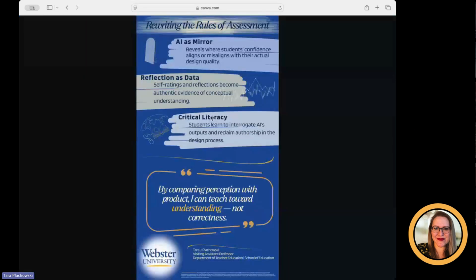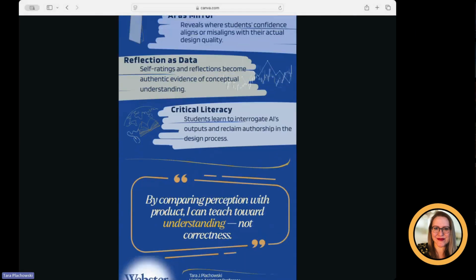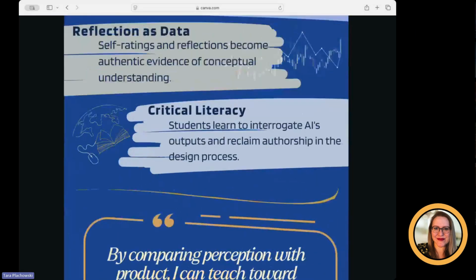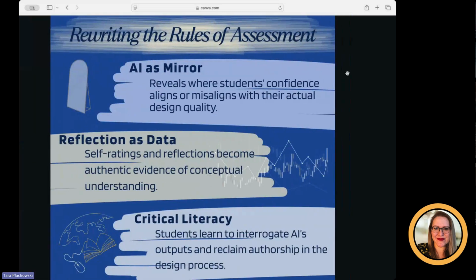And then let's move on to just talk a little bit about what this means sort of for me and the work that I'm doing and this type of assessment for students. So using the AI as sort of this mirror of not just creating the product, but reflecting on what the product is and how well it's done really helps not only their design quality, but helps them think about the framework.